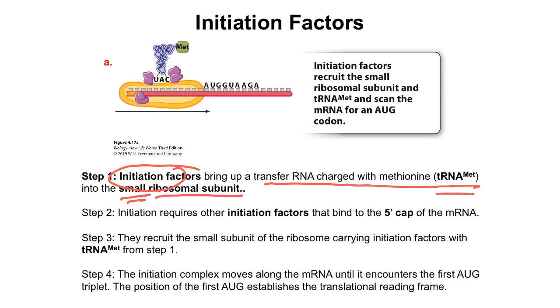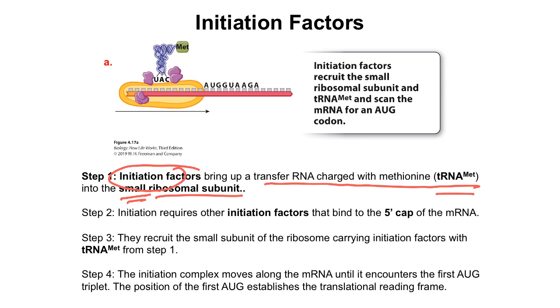So one function of initiation factors is to enable the small ribosomal subunit to bind the initiator tRNA. That's a very important step.